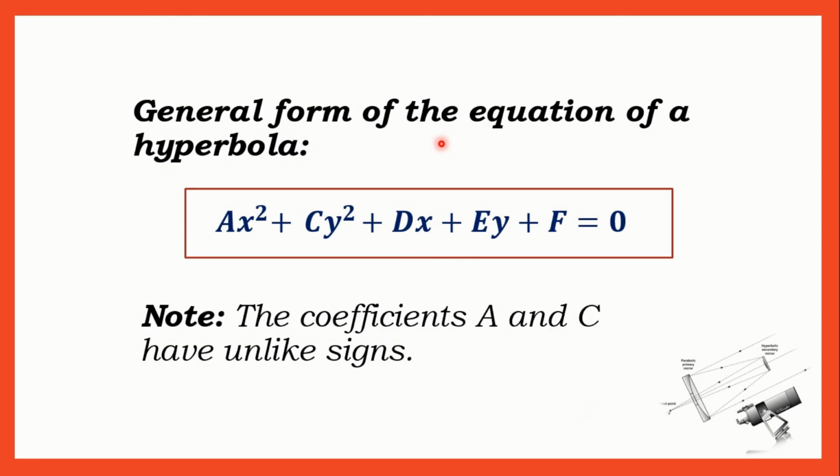The general form of the equation of a hyperbola is generally represented by the equation Ax squared plus Cy squared plus Dx plus Ey plus F equals 0. Take note that the coefficients A and C have unlike signs.